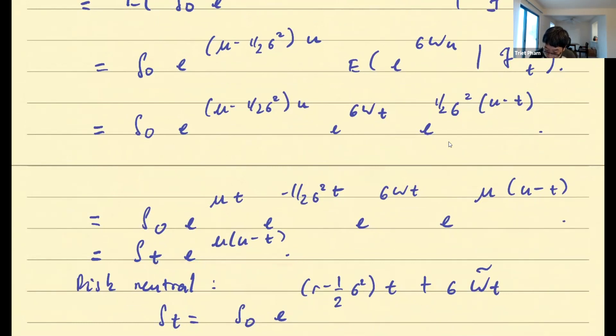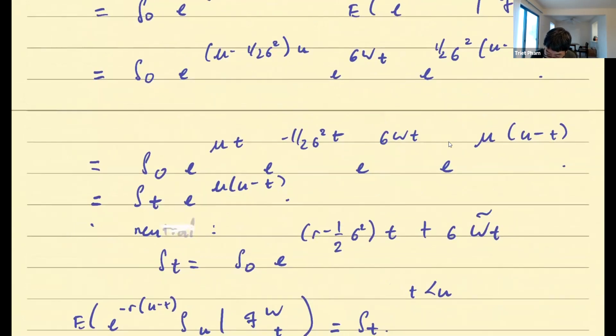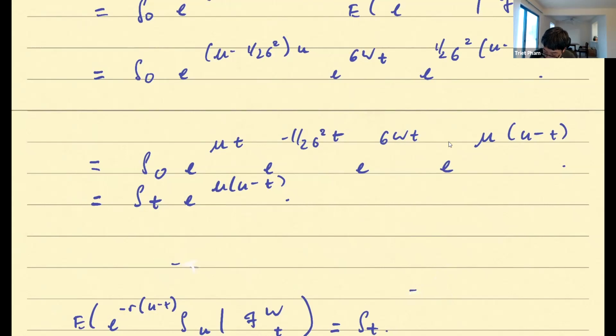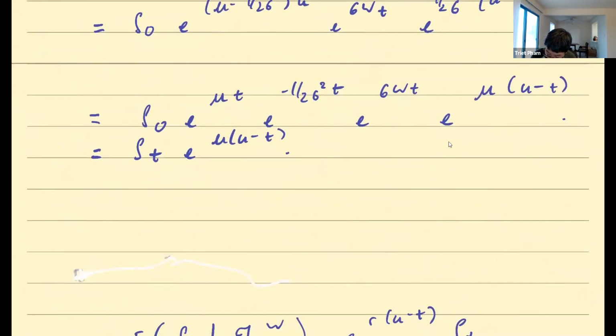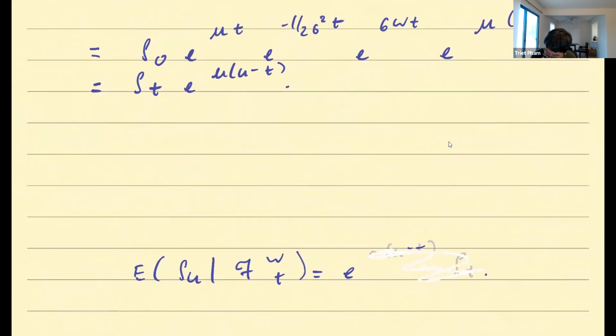So actually that was really a messy way to do the calculation. Sorry, let me do it again. This is not good. Let's do an easier calculation. It's fine, but it's not good. So redo the calculation like this.